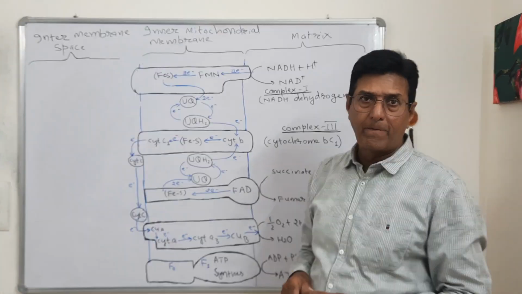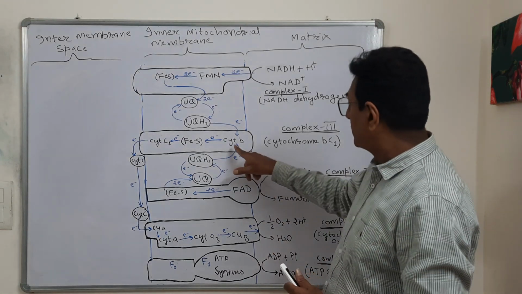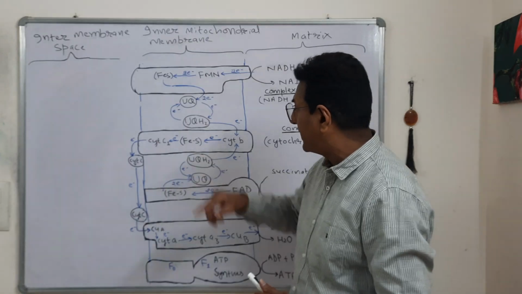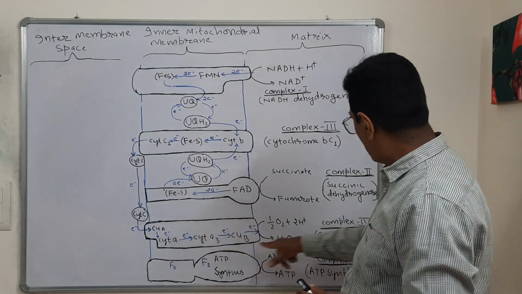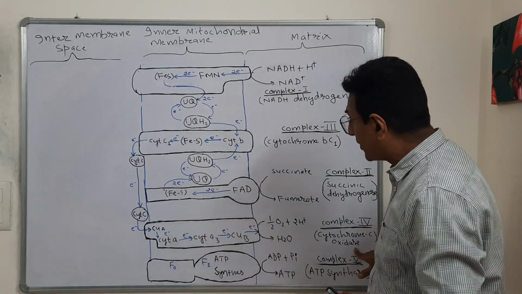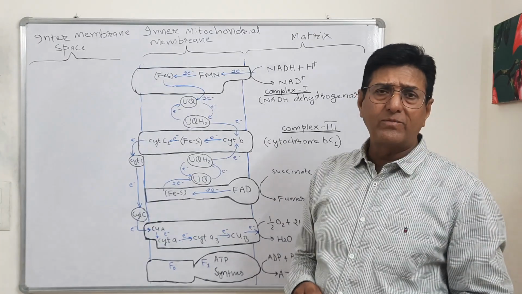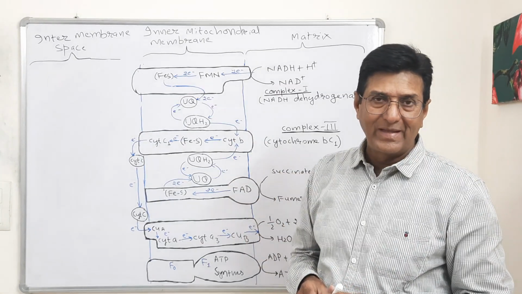In complex third the electron moves from cytochrome B to iron sulfur complex to cytochrome C, and from complex third the electron moves to complex fourth, cytochrome C oxidase, via cytochrome C. Cytochrome C and ubiquinol are mobile electron carriers.